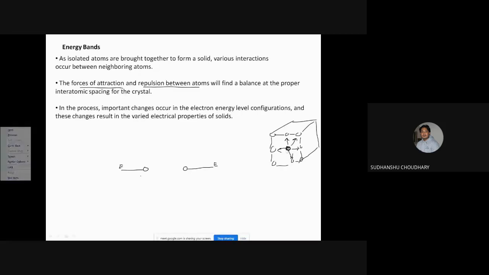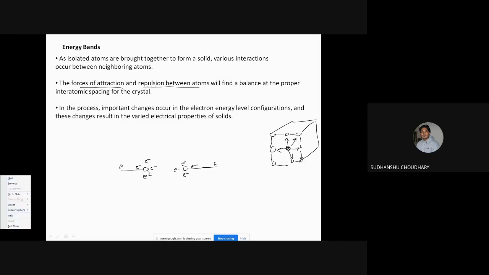We understand that atoms are associated with electrons also. And electrons have both wave nature and particle nature. We had discussed that. So maybe this atom is, let us say, having these many electrons, and this one also has these many electrons.